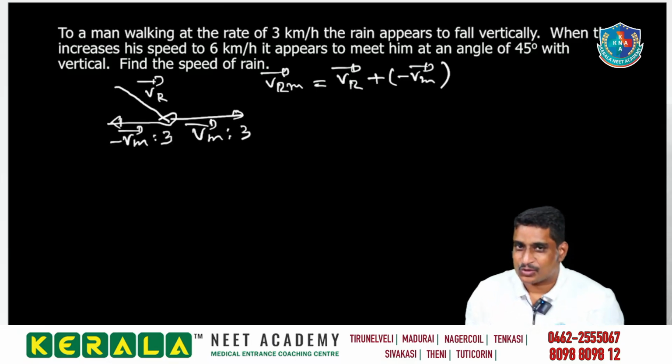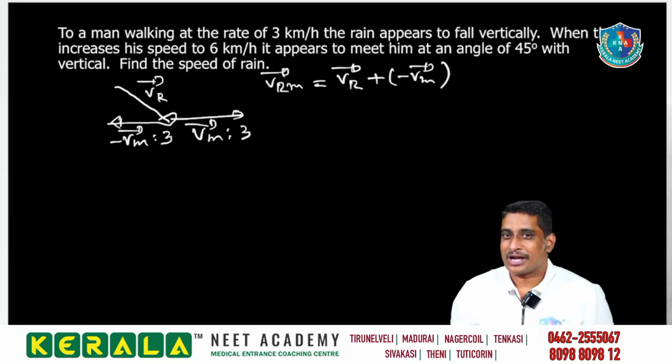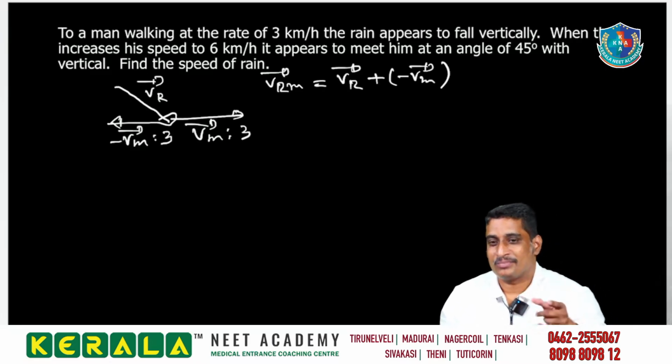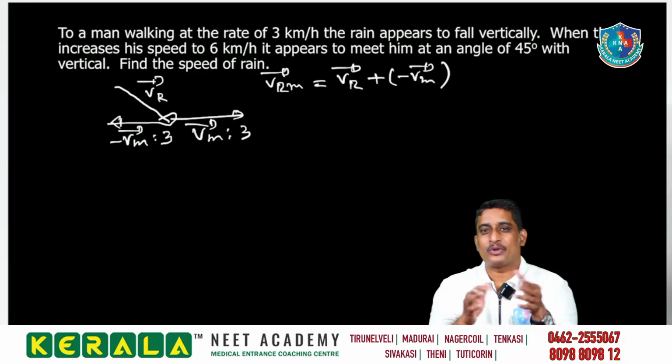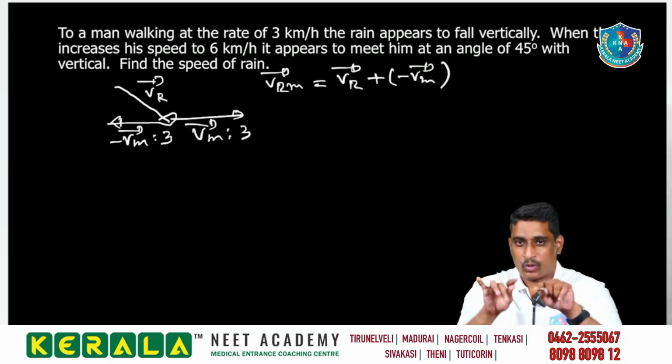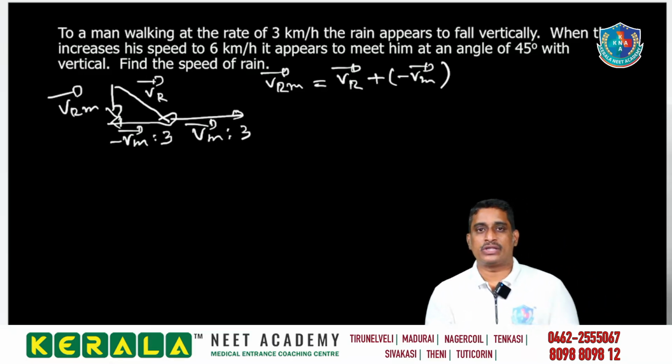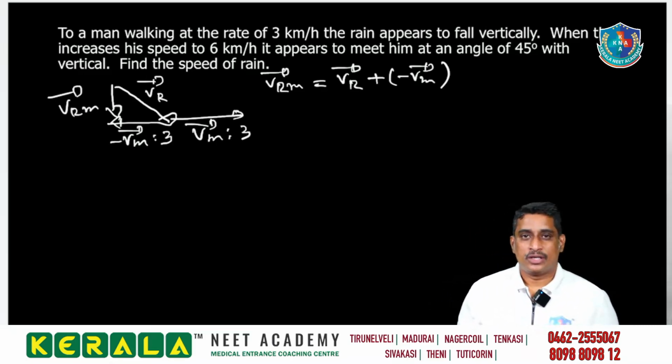Here also, the majority of students generally undergo some confusion relating to some basics. The magnitude of Vm bar is 3 and the magnitude of minus Vm bar also will become 3. Both are opposite vectors, have the same magnitude, only opposite in direction. So here this is the velocity of the rain with respect to the man in the first case, when he is moving with 3 kmph.